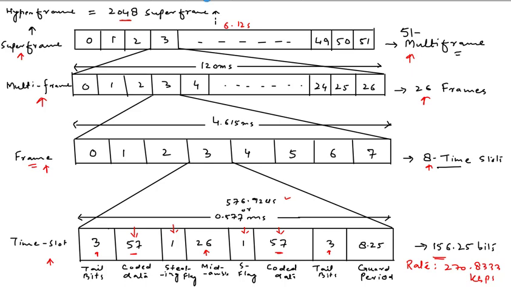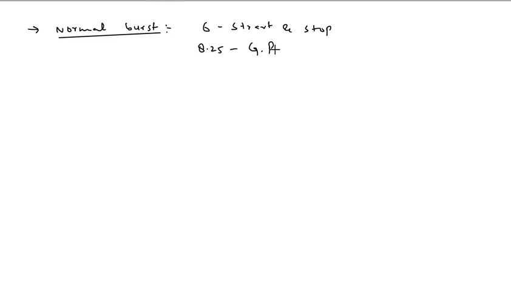Now, suppose we have a system which is using GSM technology, and that system is using normal burst. In normal burst, we see that there are 6 bits, these are start and stop bits. We have 8.25 bits as guard period bits.